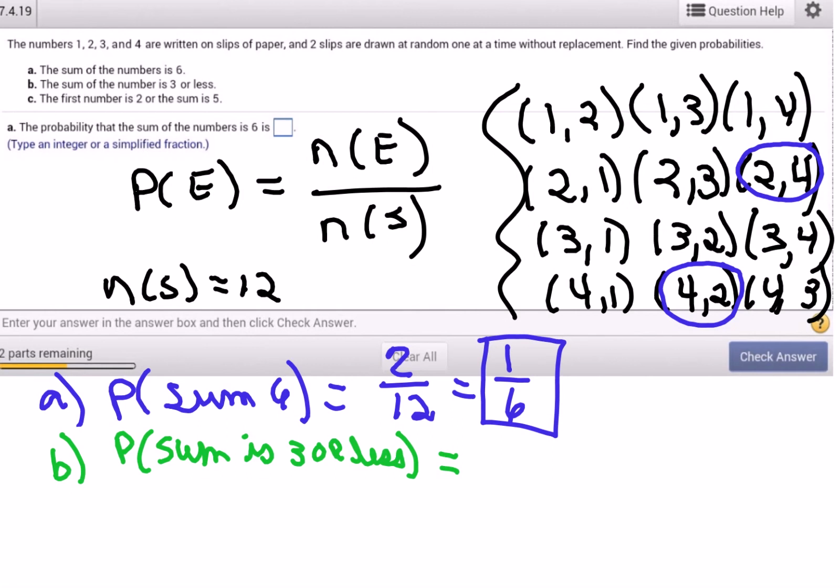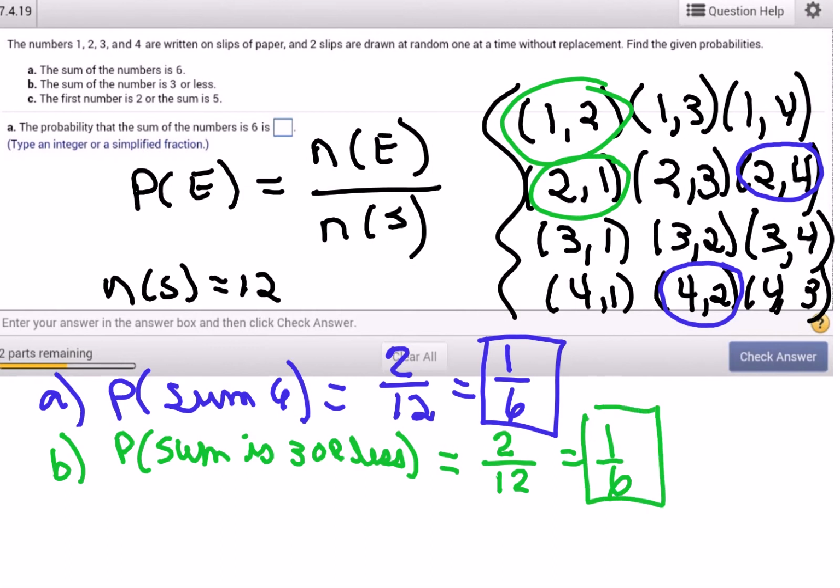Let's go back and look at our sample space. We have 1 and 3, 1 and 2, and 2 and 1 equal 3, and those are the only 2 that are going to be 3 or less. So that's 2 over 12, which is 1/6. That's the probability that the sum is 3 or less.